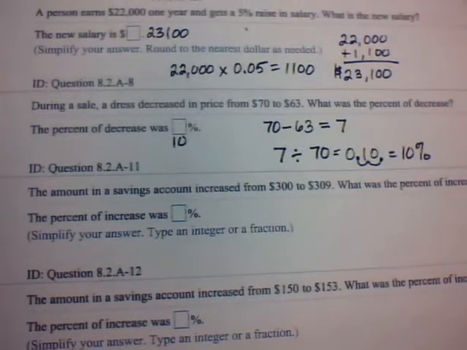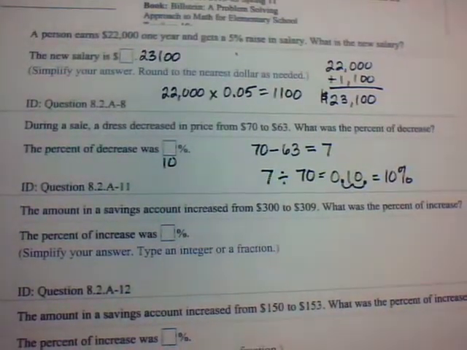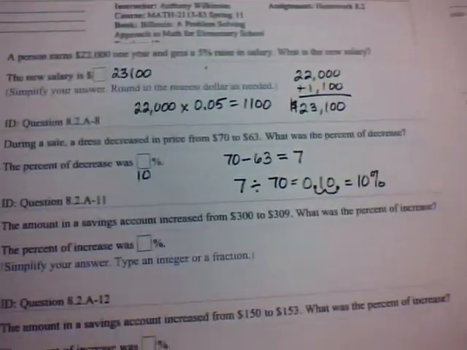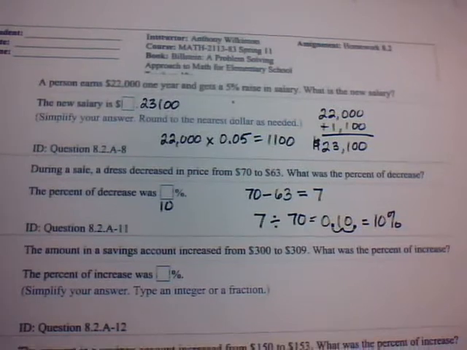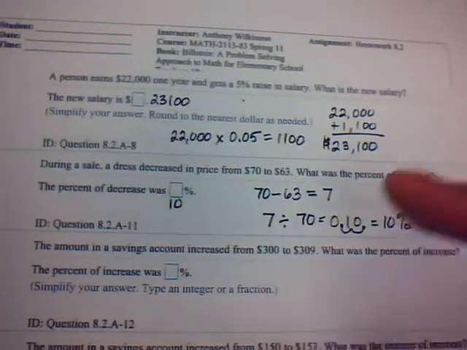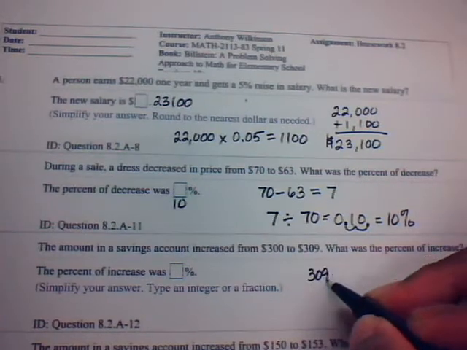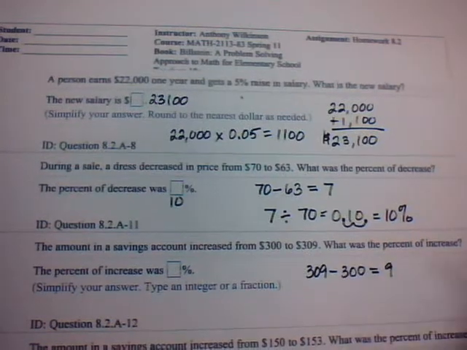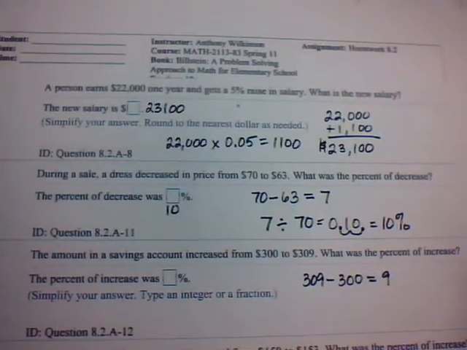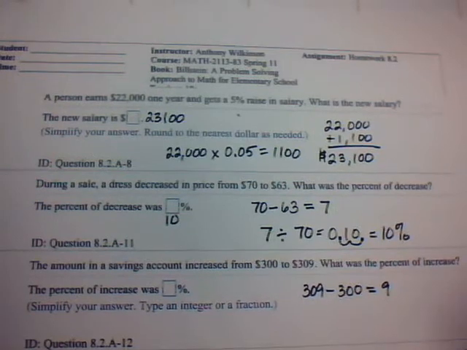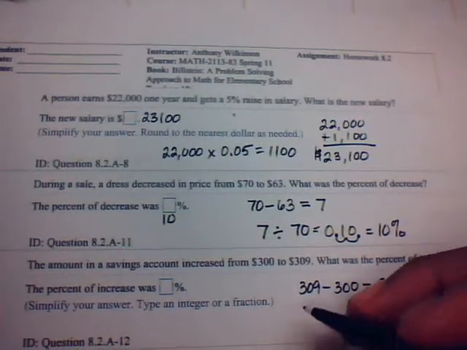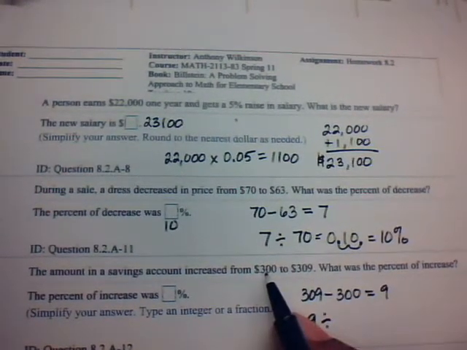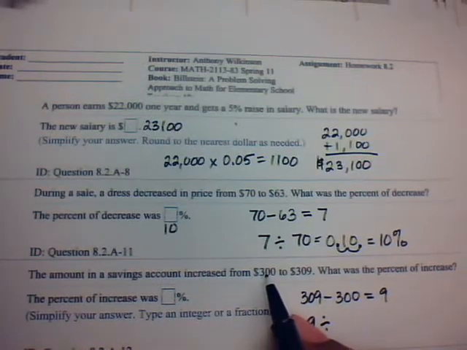All right, number 7. An amount in a savings account increased from $300 to $309. What was the percent of increase? Okay, so now we're finding out what the increase was. We subtract 309 minus 300, and that's going to give you 9. That $9 represents the amount of the increase. So for the percent of increase, we take the amount of that increase, 9, and divide it by the original amount in the savings account.